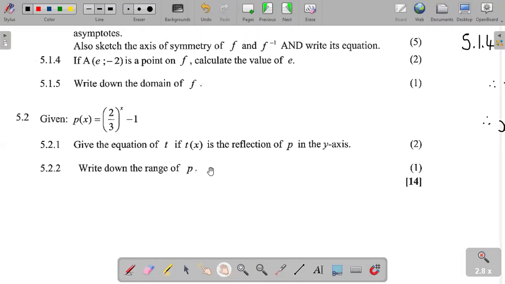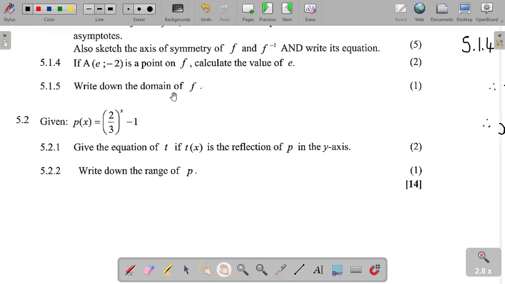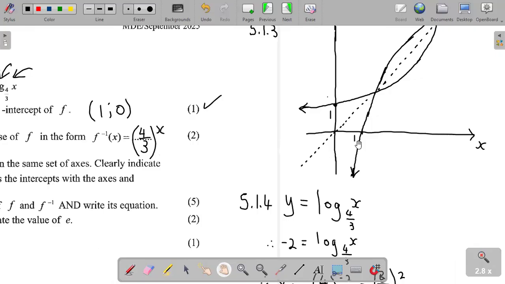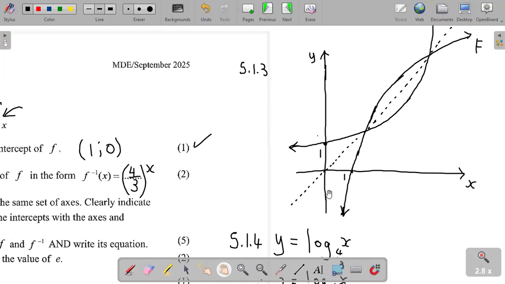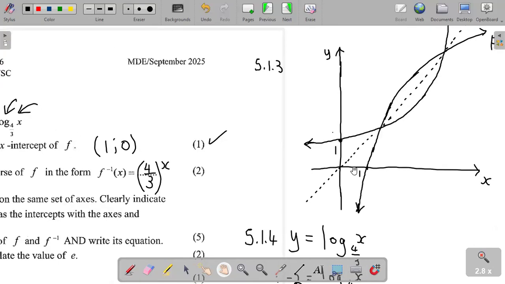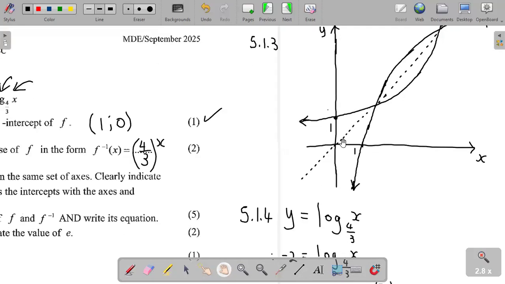And then 5.1.5, write down the domain of f. f is this, so the values of f go from here. They don't touch the y-axis, so they go from 0 until infinity. It's going to be from here until infinity.